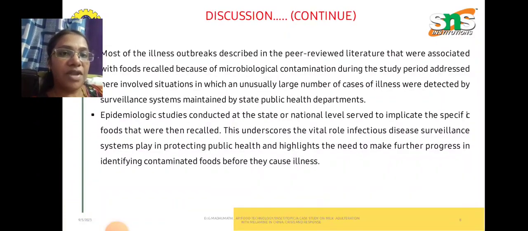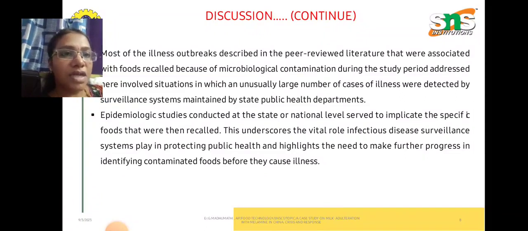Most of the illnesses described in the peer-reviewed literature that were associated with food recalls because of bacteriological contamination during this period involved large numbers of cases detected by the surveillance systems maintained by the state public health departments.